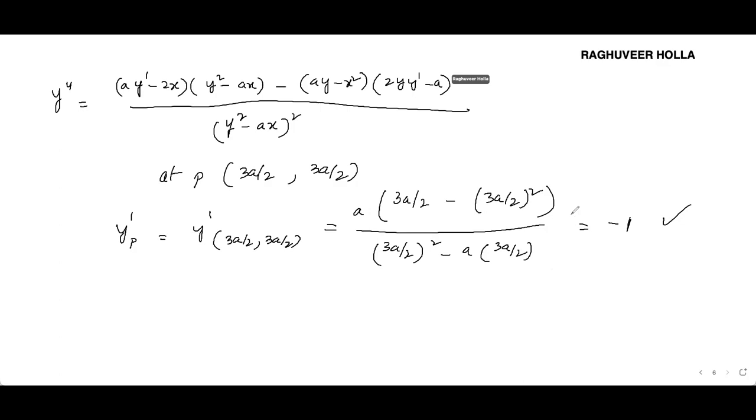Now let us substitute for y double dash. Now y double dash at p, and that is y double dash at 3a by 2 and 3a by 2.